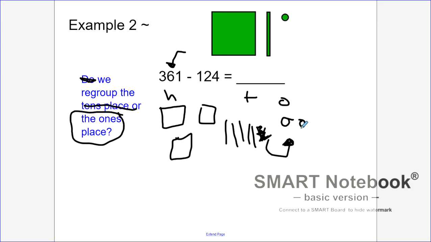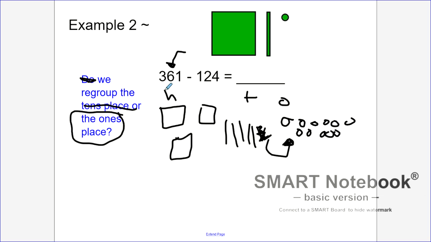So I add my 10 ones, 1, 2, 3, 4, 5, 6, 7, 8, 9, 10, to the one I already started with, and let's count it, really make sure that there's 361. 100, 200, 300, 310, 320, 330, 340, 350, 351, 352, 353, 354, 355, 356, 357, 358, 359, 360, 361. Regrouping does not mean changing the number, it just means drawing it differently and thinking of it differently.